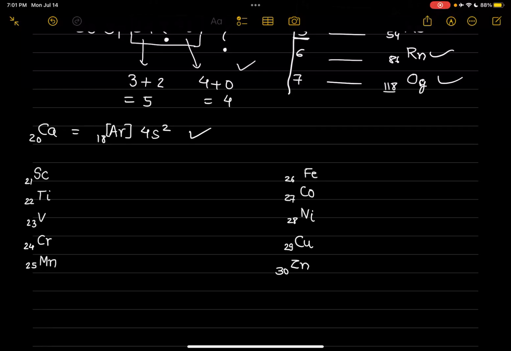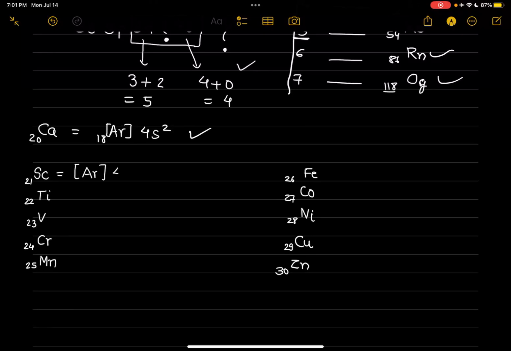So the 21st element. I'm going to write the inner electronic configuration in terms of argon only, because I want you to understand the outermost electronic configuration. Inner you can practice. So what will be the electronic configuration of scandium?